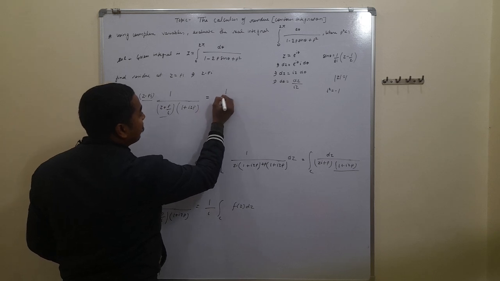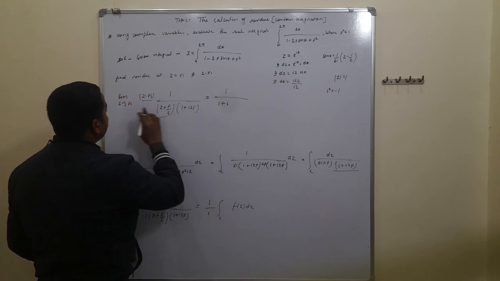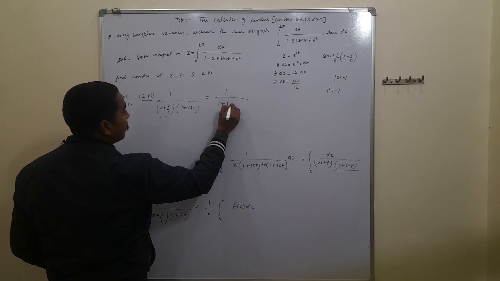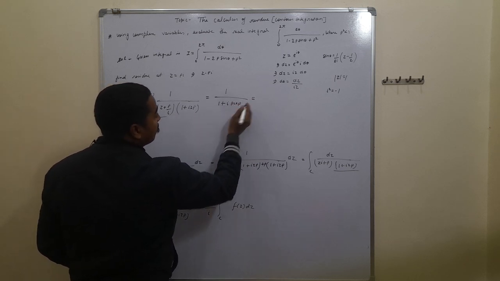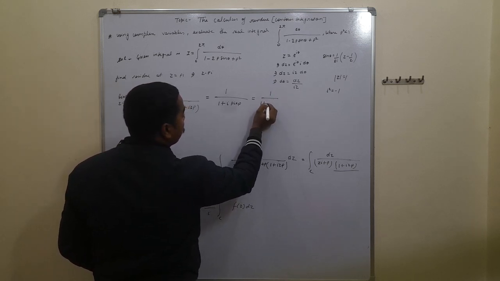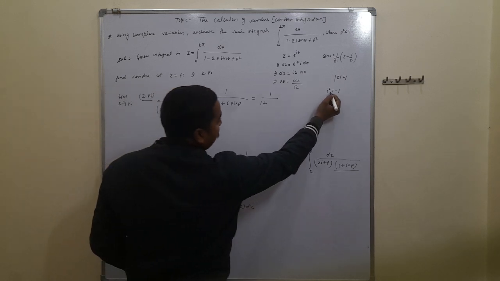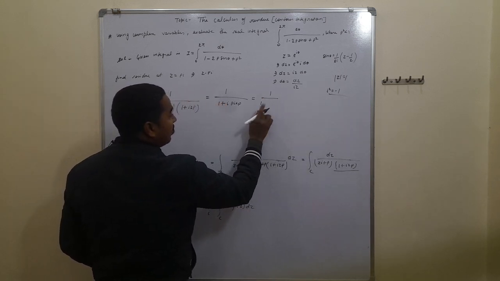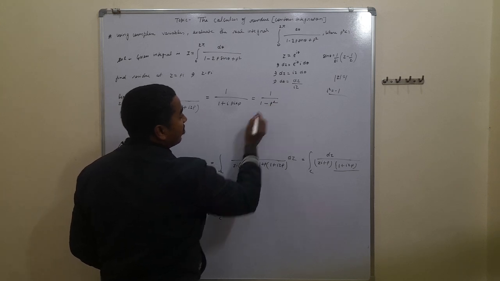So we put 1 plus i, and in place of z we put pi, and again the remaining is also pi, so we multiply these terms, that is 1 upon 1 plus i into i is i square, and i square is minus 1, so we put minus, and p into p is p square.